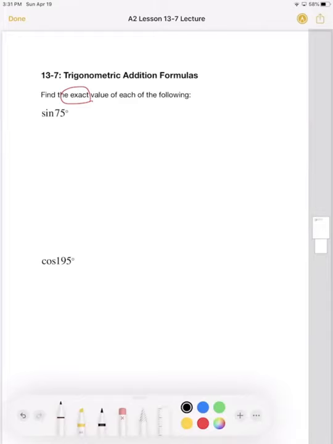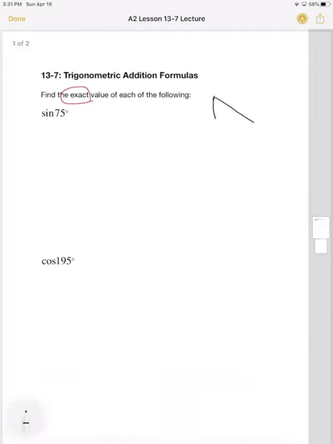What I'm going to do is think about my 30, 60, 90 triangle and my 45, 45, 90 triangle. Remember, this is 1, 1, root 2. And across from the 30, I have a 1.